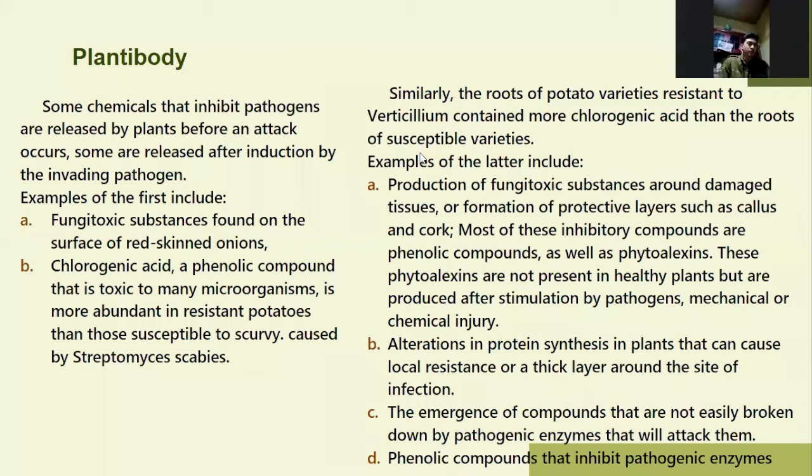Some chemicals that inhibit pathogens are released by plants before an attack occurs. Some are released after infection by the invading pathogen. Examples of the first include toxic substances found on the surface of red skin onions, and organic acid, a phenolic compound that is toxic to many microorganisms, which is more abundant in resistant potatoes than in those susceptible to scab, caused by Streptomyces scabies.